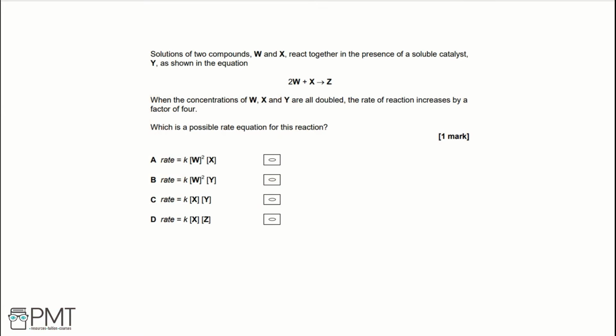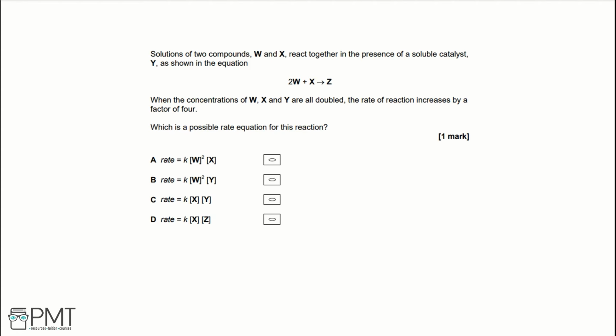Solutions of two compounds W and X react together in the presence of a soluble catalyst Y, as shown in the equation. When the concentrations of W, X and Y are all doubled, the rate of the reaction increases by a factor of 4. Which is a possible rate equation for this reaction?